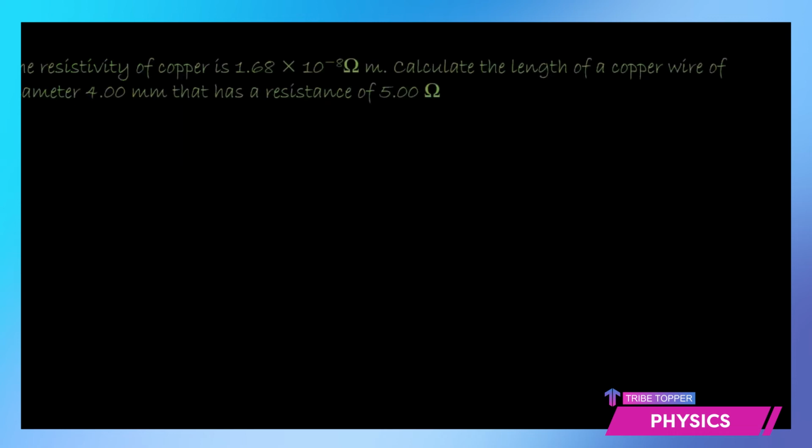So let's look at this problem. The resistivity of copper is 1.68 times 10 to the power negative 8 ohm meter. That's rho. Calculate the length of a copper wire of diameter 4 millimeters that has a resistance of 5 ohms. So let's write down the information given to us. The resistivity rho is equal to 1.68 times 10 to the power negative 8 ohm meter.